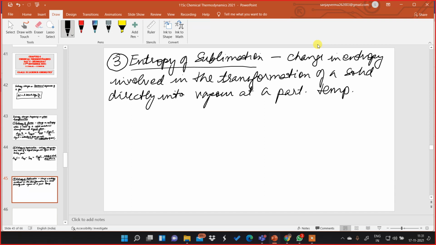So entropy of sublimation is whenever there is a solid changing directly into vapor or a vapor changing directly into a solid. Both ways it is entropy of sublimation.